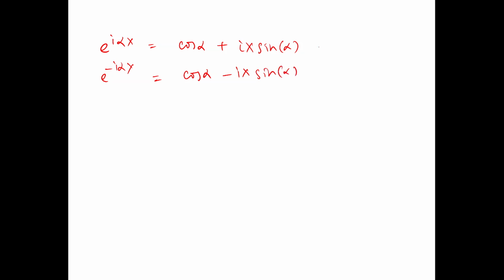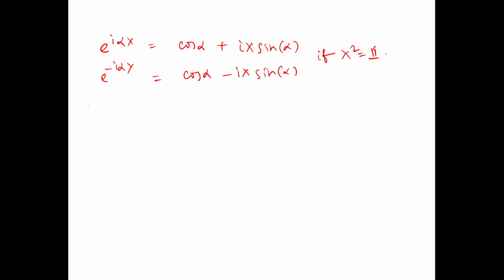So now you can write e to the power i alpha x equal to cos alpha plus ix sin alpha, and e to the power minus i alpha x equal to cos alpha minus ix sin alpha, if your x square is 1.